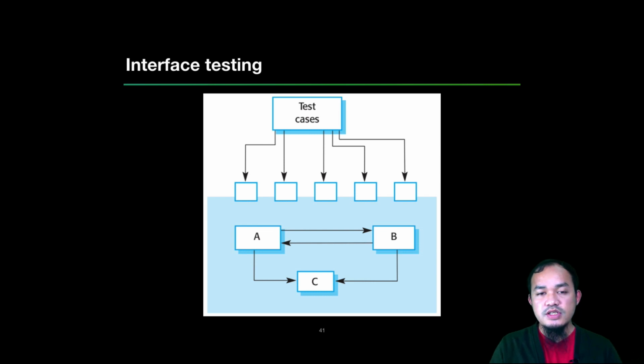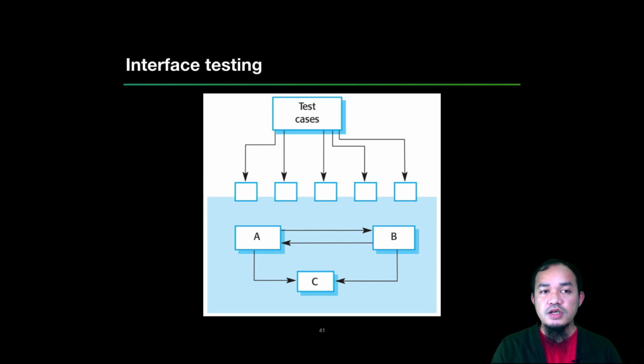The system provides the interface to the tester, so we test through the interface, calling function A, function B, and function C, to see whether they serve our need, whether the system serves the request without any defect or error. This we call an interface test.